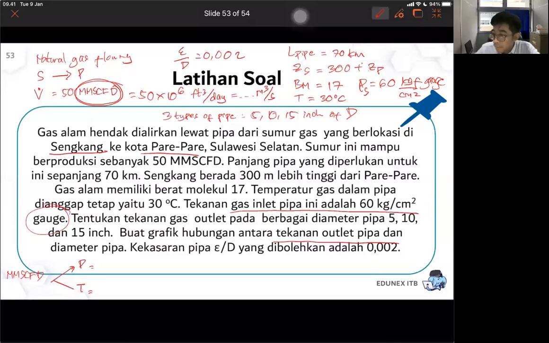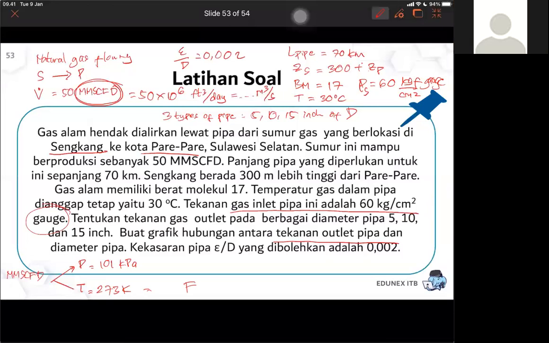Try to convert 273 Kelvin into Fahrenheit. How much? To Fahrenheit. Di sini dikasihnya 0 degree Celsius atau 273 Kelvin, Sir.